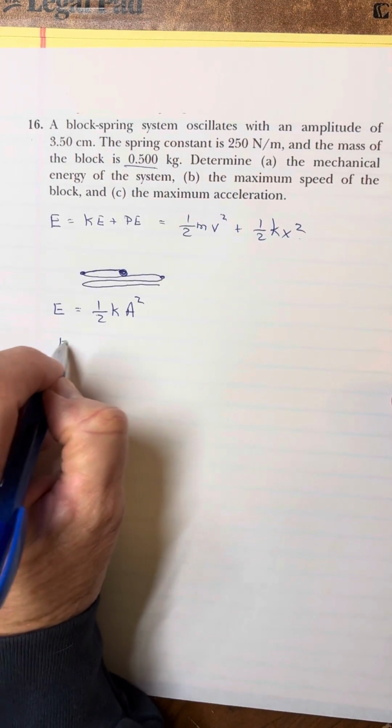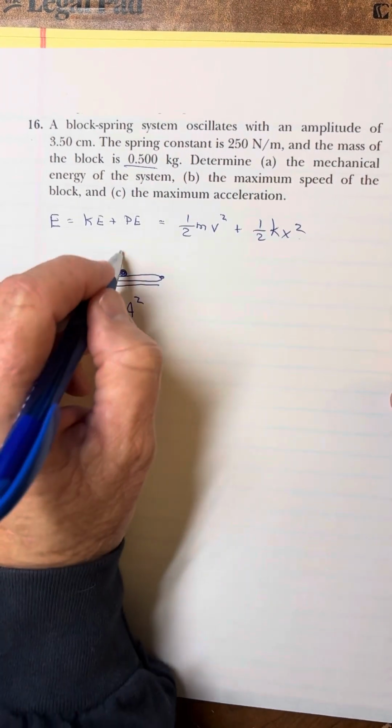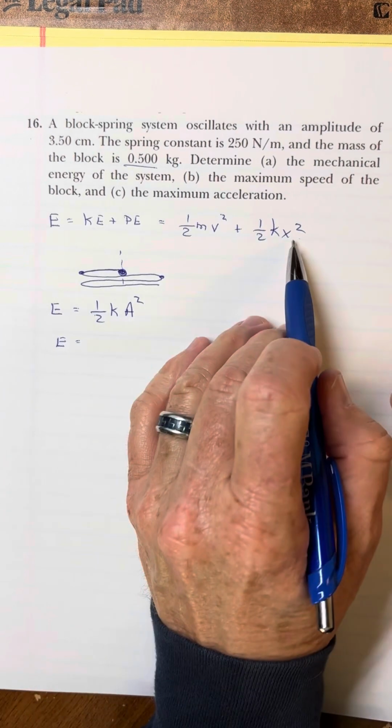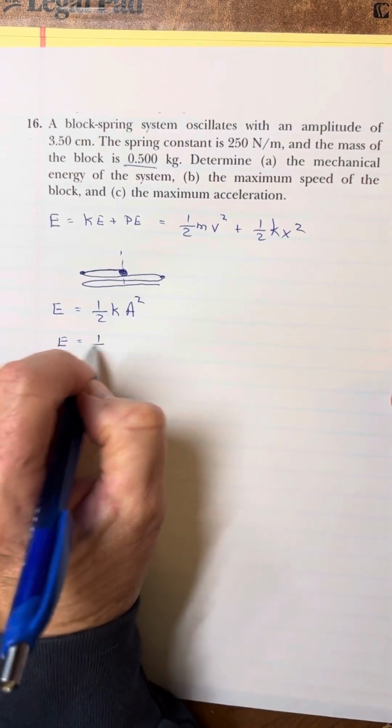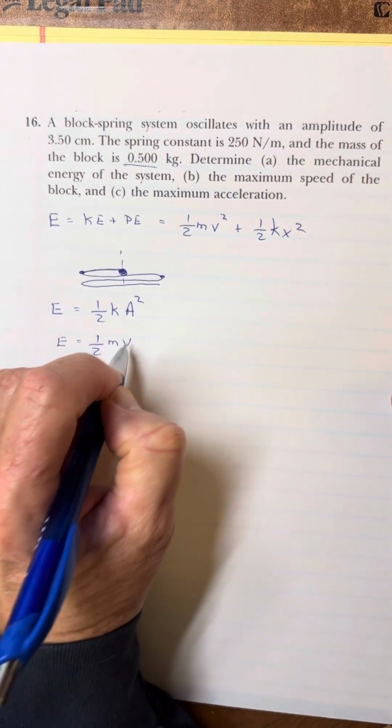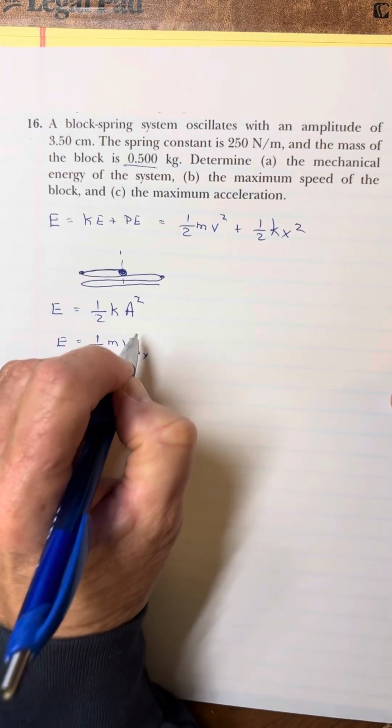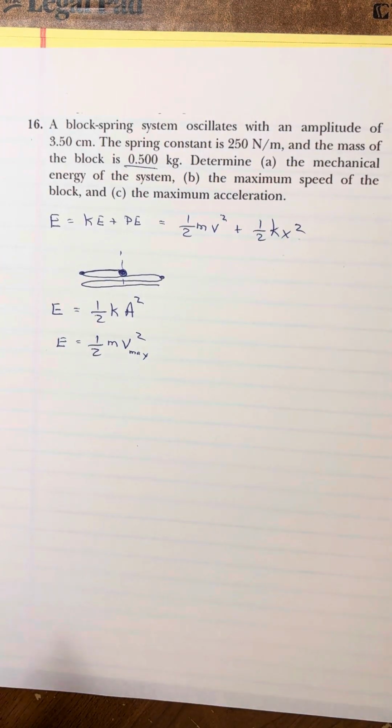On the other hand, if you applied this equation when it's in the middle, it would have 0 position and would be at its maximum speed at its midpoint.